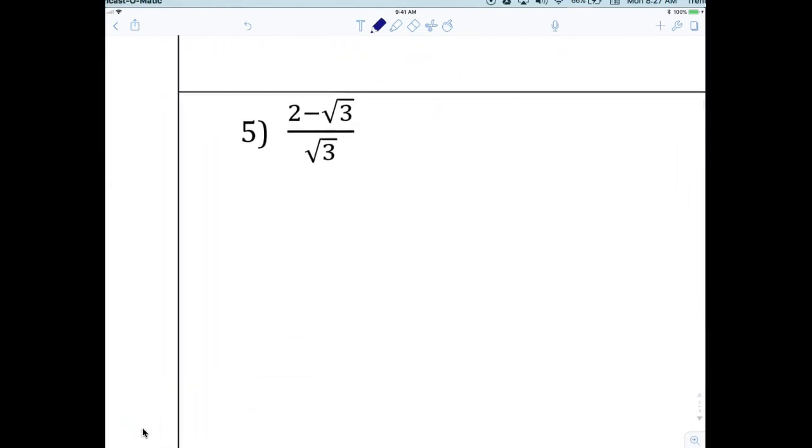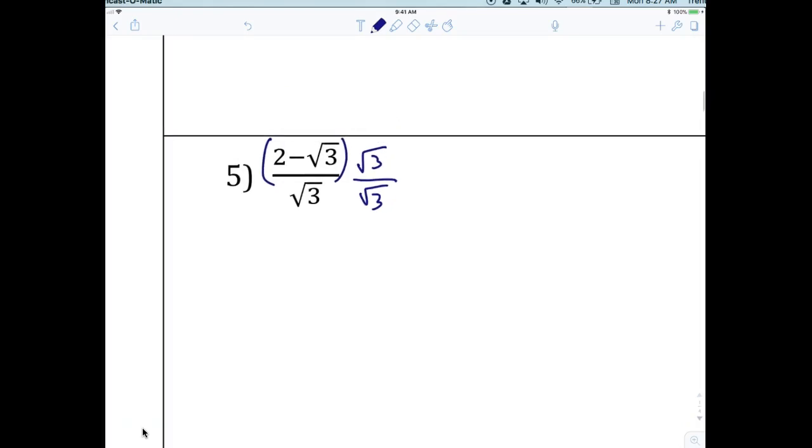All right, question number 5. Now we're going to multiply again the top and bottom by what? Radical 3. By square root of 3. This time, the main concern, though, is that you have to distribute properly. So when you distribute, you end up with 2 radical 3 minus 3 over what? 3. Now, the next biggest mistake kids make is they try to reduce these 3's.